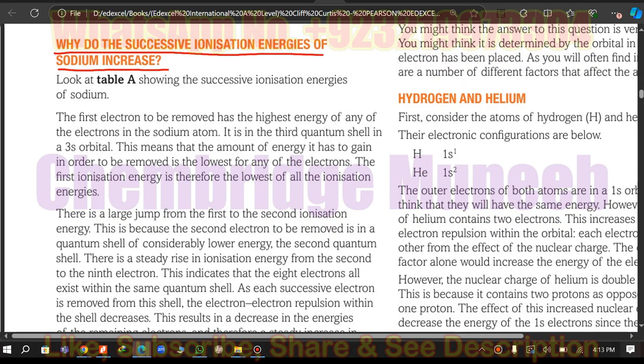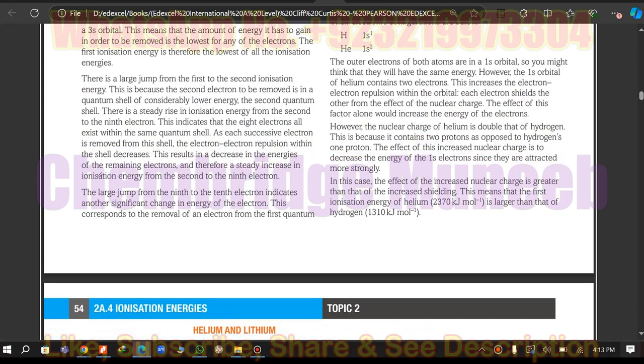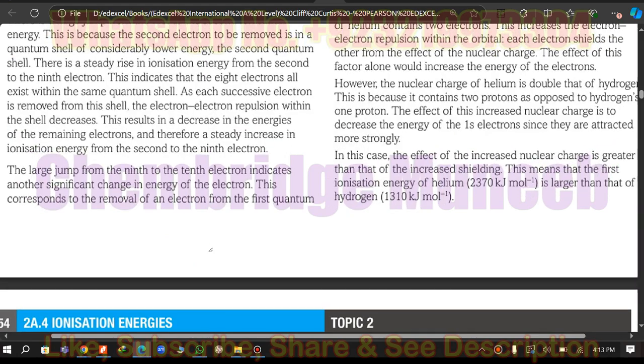Moreover, there is a sharp jump in the ionization energy when we are removing the electrons from a complete shell. Let's suppose we have sodium. Sodium has three shells.